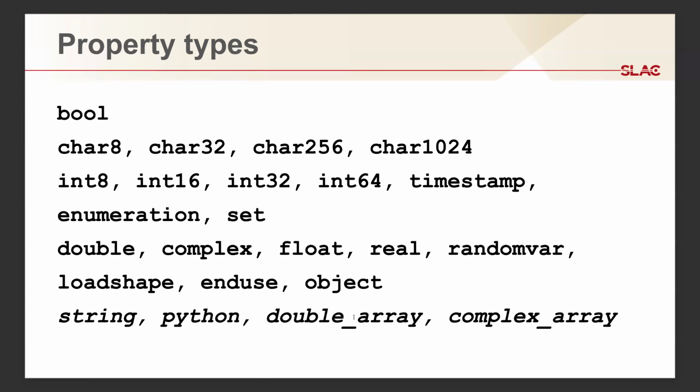There are also some other properties that are available, but they haven't been used enough for us to be confident that they work in all the circumstances that we think they might be useful. String is an arbitrary length string.